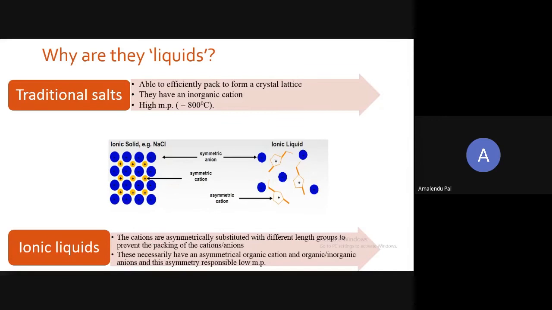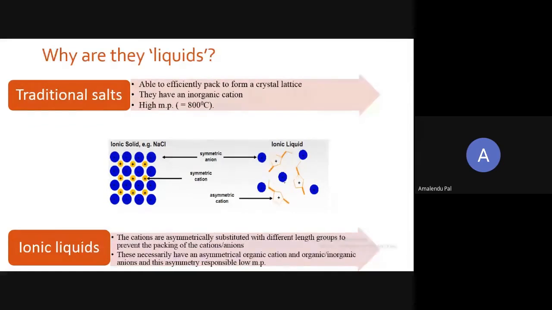So here I am writing: the cation is asymmetrically substituted with different length groups to prevent the packing of the cation and anion. With this cation, packing is not possible, but sodium chloride is a packed structure. So this needs an asymmetrical organic cation, and the anion part must be an inorganic anion.